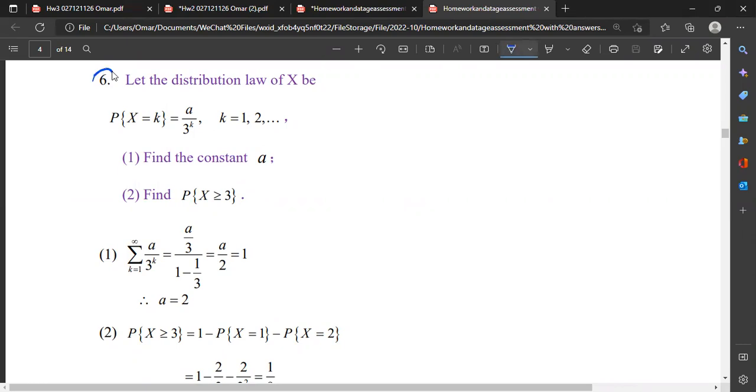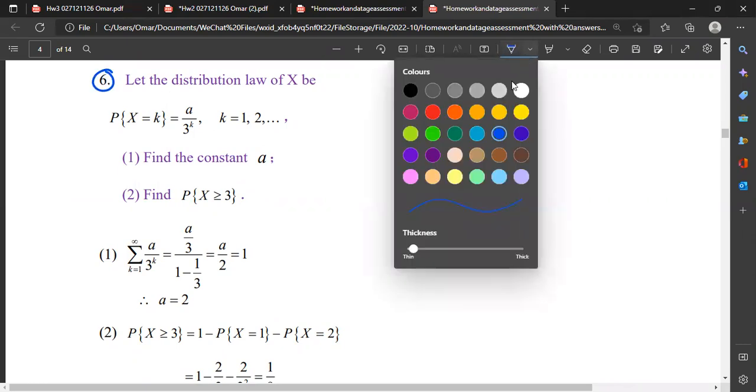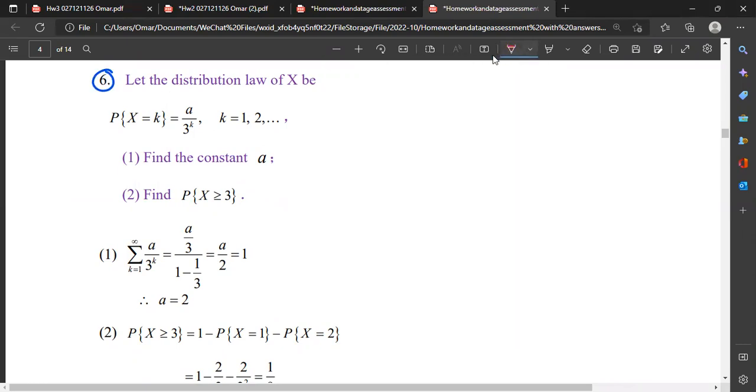So number 6, we have: let the distribution law of x be P of x equal to k, and so it is a by 3 to the power k, where k is 1, 2, and 3, and so on, okay? First, find the constant a. So constant a is here, right? And k is here.